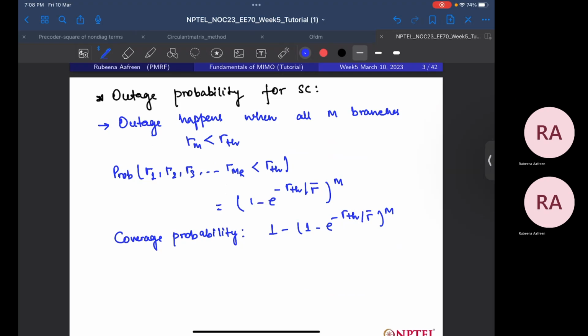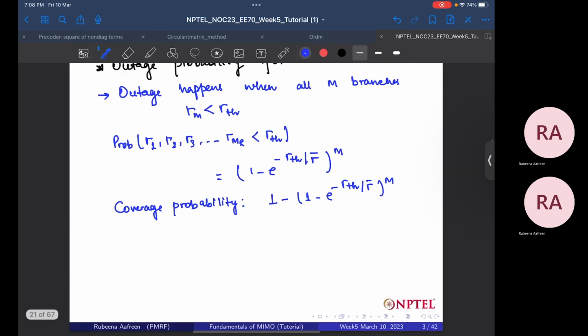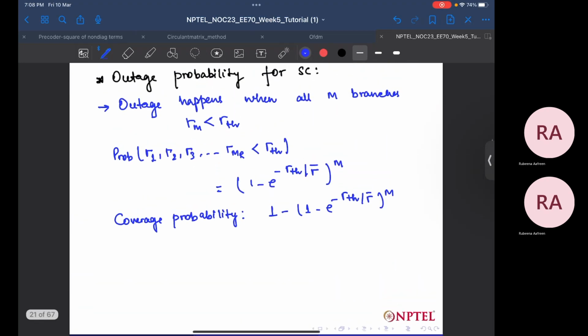Right. So other than that, the PDF of gamma we can write as d by d gamma of the probability that gamma is greater than gamma, right?